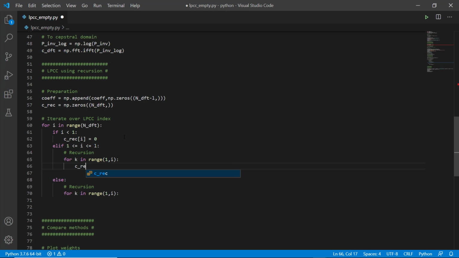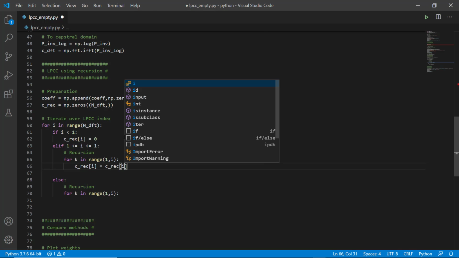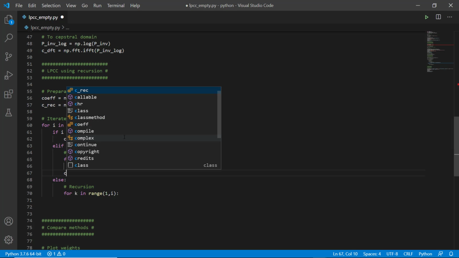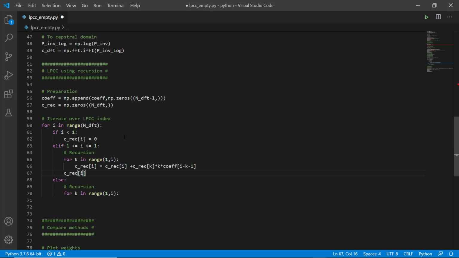We say crec of i equals crec of i, and then we add crec of k times k, which is our running variable in this inner loop, times our prediction coefficient of index i minus k minus 1. So this is then our sum, and you know that we have to normalize it, so crec of i equals crec of i divided by i.